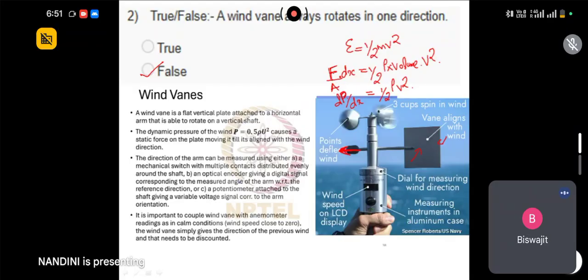This will be F by A. So if we are taking the change in pressure dp, dx will be F into dx is energy. Area into distance. If we multiply dx on both sides, I think it will be fine.